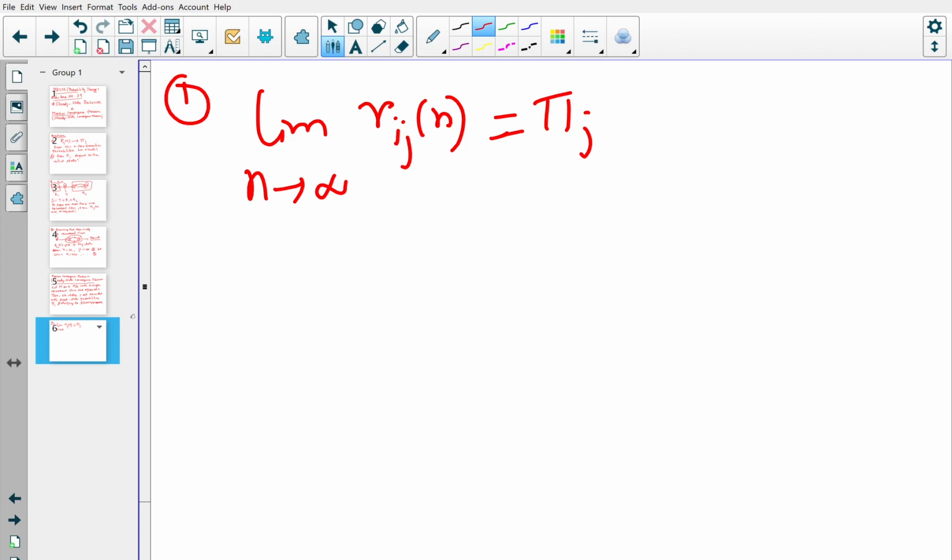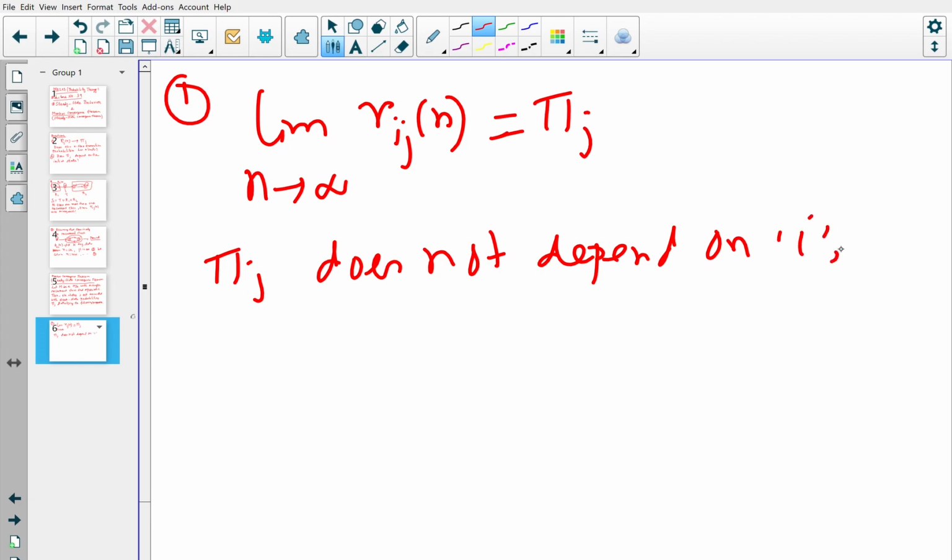So this pi j does not depend on i, that is, the initial state. It doesn't matter from where you are starting, it always has a stationary probability.